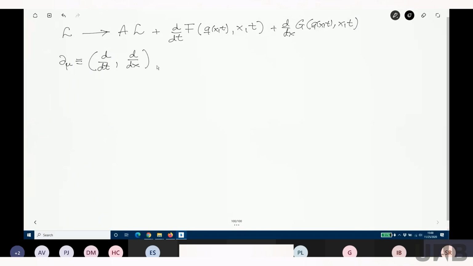And if this is the case, then the above symmetry that I have, in which I can change the Lagrangian and change nothing because the equations of motion are the same, is that the Lagrangian goes to L plus derivative of a function, omega mu, which I'm going to write as f of q, x, and t, and g of q, x, and t.